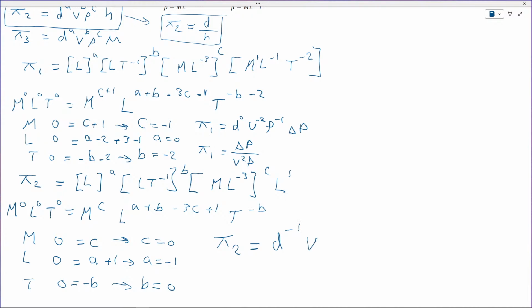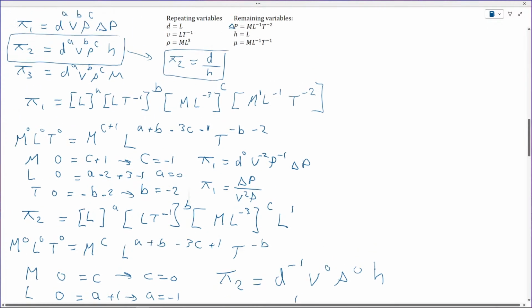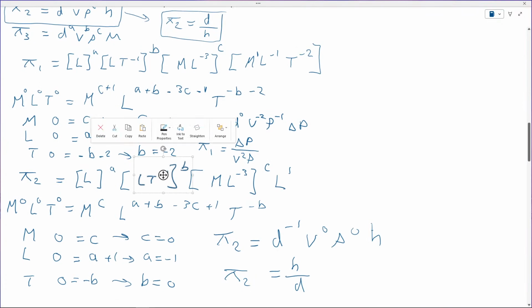V to the power of 0, that's exactly what we expected. Rho to the power of 0, because that's to the power P and C. And then L, which is the other one, H. So I got pi 2 is equal to H over D, or D over H, it doesn't matter.